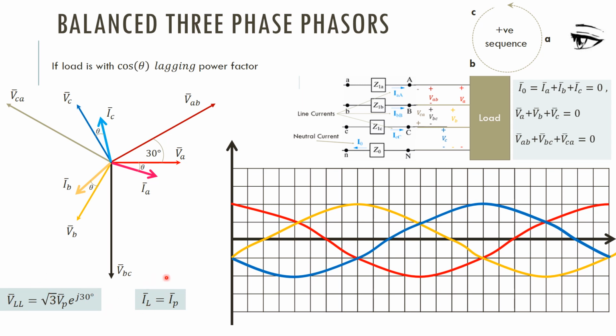Similarly, the line current is equal to the phase current, because we are bothering about the line. Normally line current is always equal to phase current in the line model, right? Then this is the ABC sequence. So this is how we normally draw. First place VA, it is here, right? VB is minus 120 degrees, lagging.